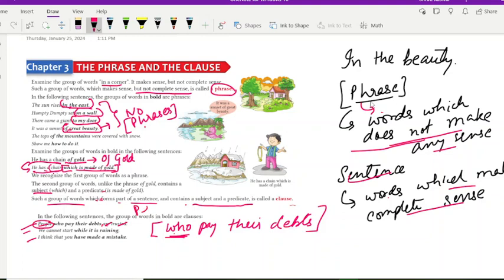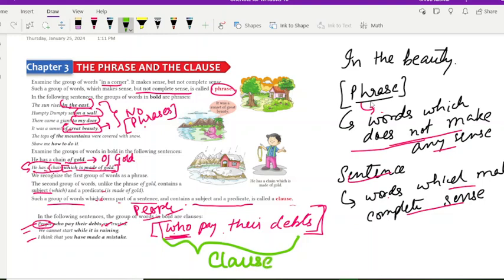So here the subject lies in people. And what is the predicate about them? What are we predicating about the people subject? We are predicating that who pay their debts, which means people who pay their debts. So in this sentence, we are finding a subject as well as a predicate. Hence, this forms a clause.